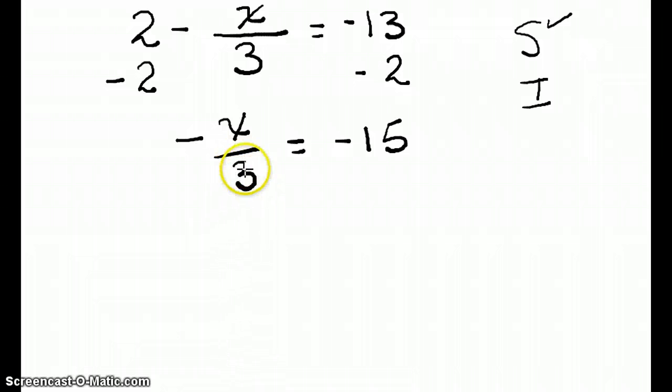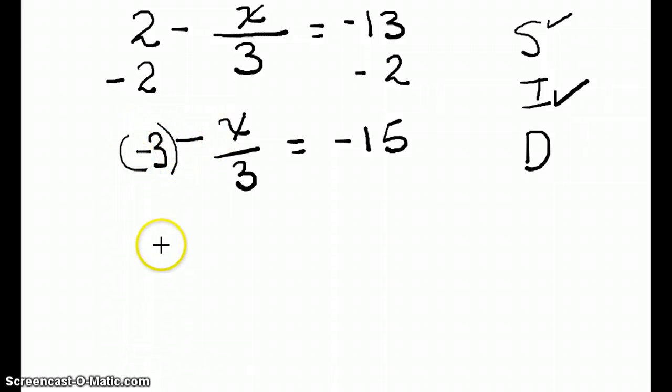Okay? The multiplicative inverse, is my x isolated? Yes. It's just being divided by 3. Divide, but in this case the multiplicative inverse of 3, 1/3 is 3, and I want this to be positive, so I'm going to multiply by -3.